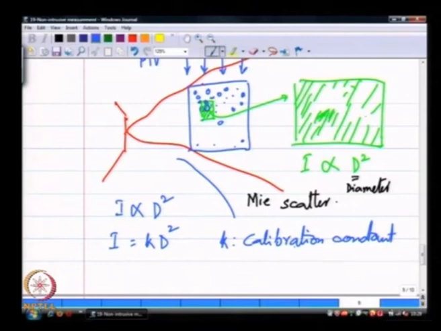See, look at it this way, this green image here is a grayscale intensity, that is all what you have to deal with. This grayscale intensity at any point is proportional to the total surface area of the drops present in there per unit volume.